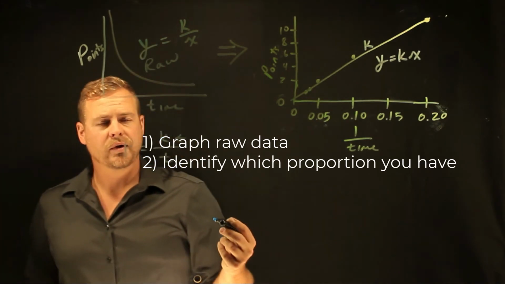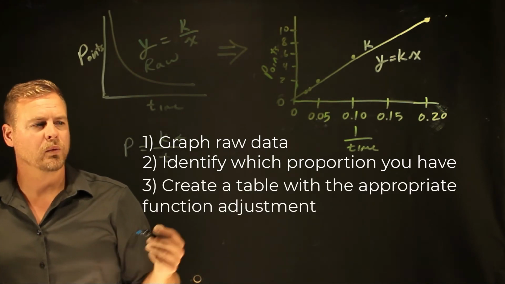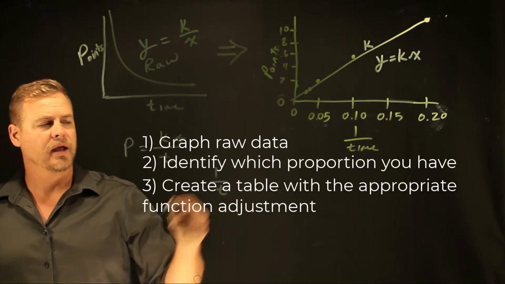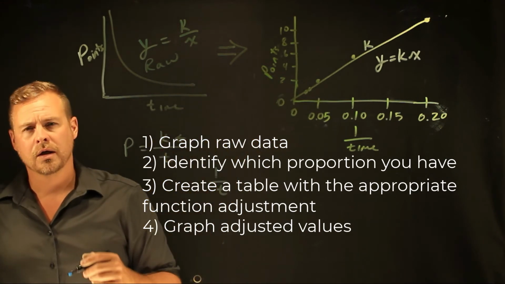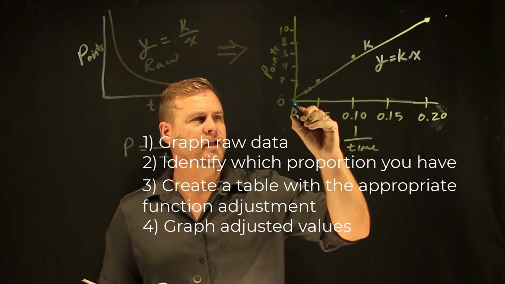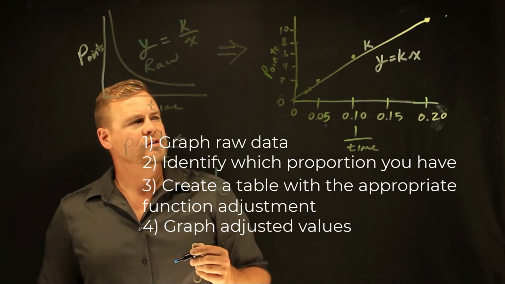What I did was I went ahead and I added a column to my existing table where I did 1 over t, and then I graphed that on a new graph with the original points, or the original y value. And when I do that, I get a nice linear line, and it's very easy to solve for k.